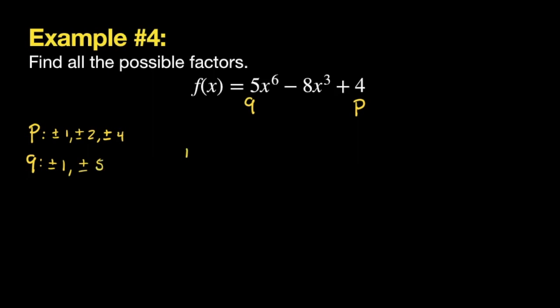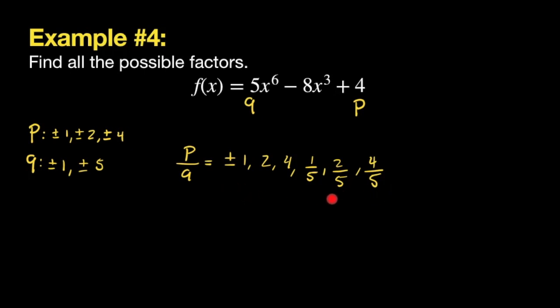So P over Q is going to be positive and negative 1, 2, 4, and that is just these numbers divided by 1. But now we need to divide by 5. So one of our answers could be, again, positive or negative 1/5, 2/5, or 4/5.